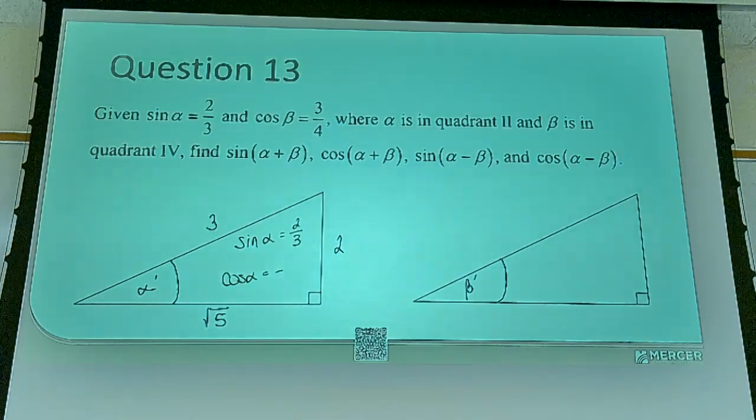And what is cosine of alpha prime? Right, so just based on this triangle, what is cosine? Square root of 5 over 3. There's cosine of alpha.